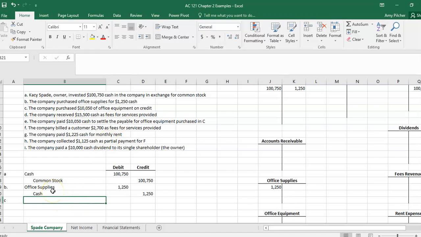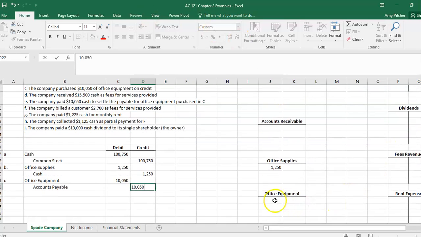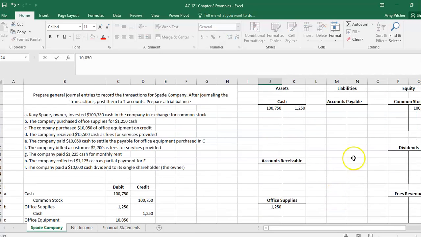So the first thing we're going to list is our debit of office equipment. Our credit is accounts payable. Debit office equipment and credit accounts payable.